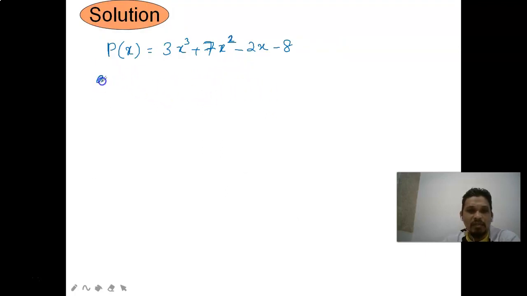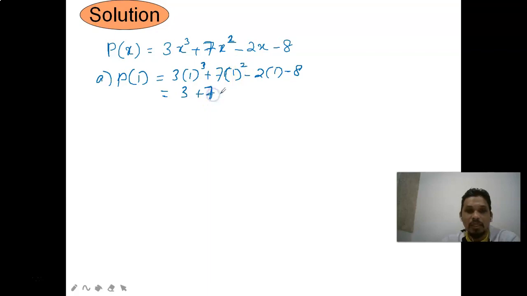So it means that P(1) equals 3 times 1 cubed plus 7 times 1 squared minus 2 times 1 minus 8. So 1 cubed times 3 equals 3, plus 1 squared times 7 equals 7, minus 2 minus 8.